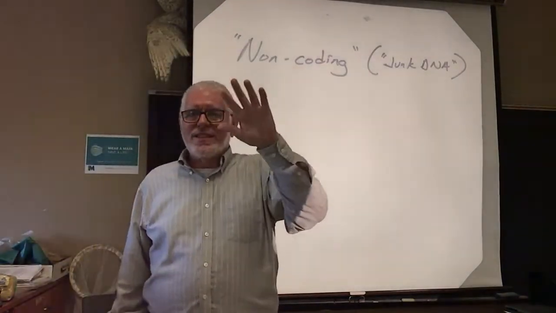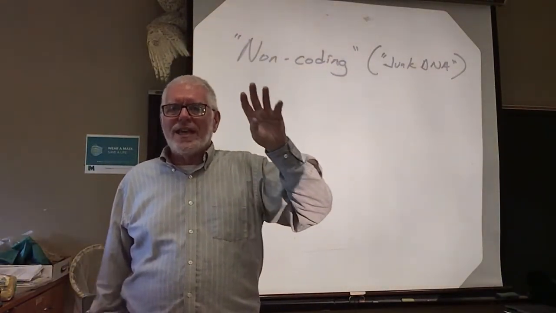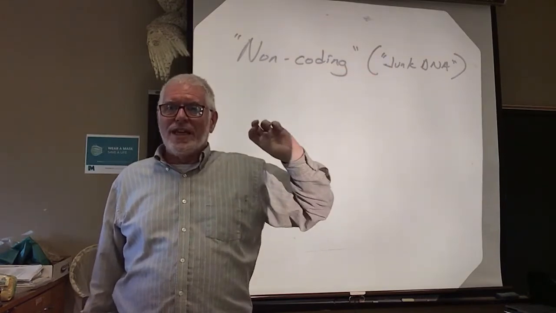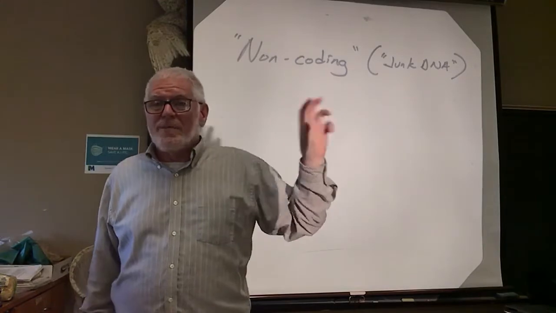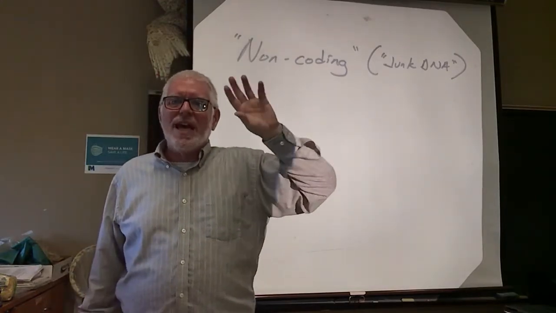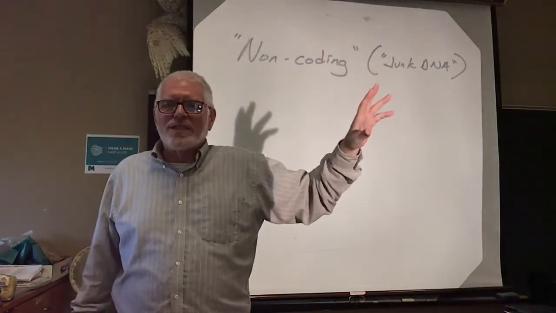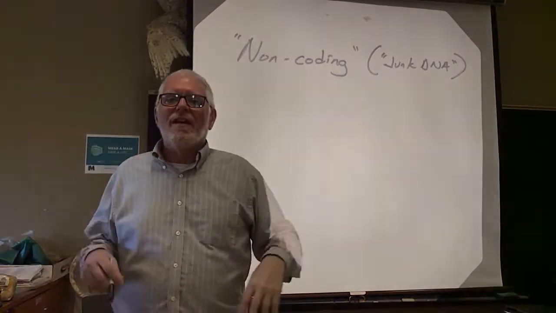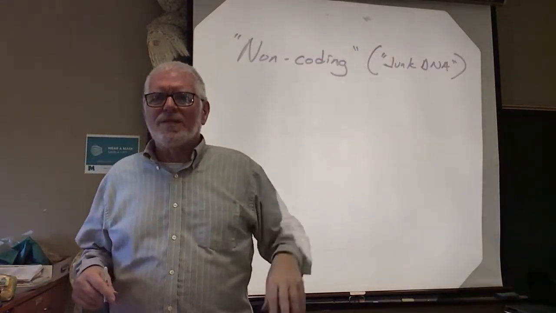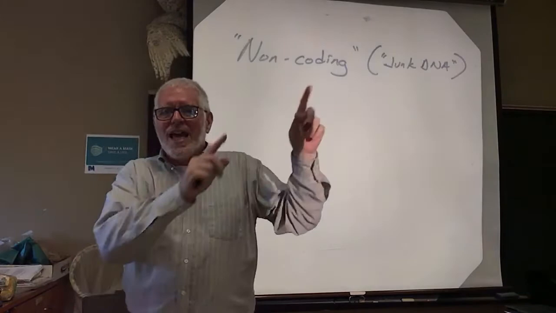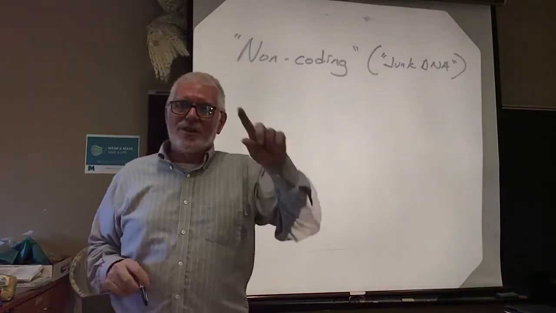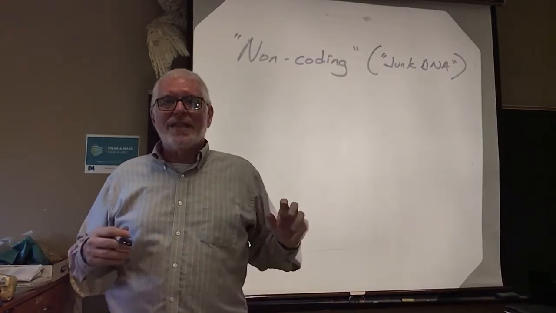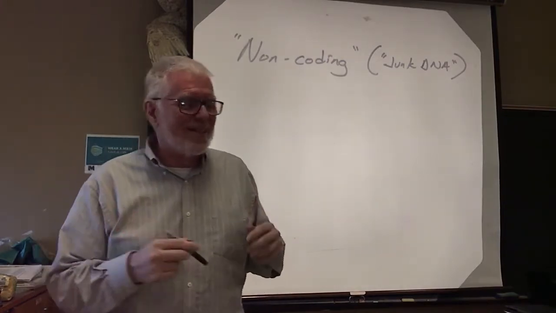And of course, what we've found out since then is that yes, we've got a lot of DNA code that isn't actually a code for our proteins, but it doesn't mean it's not doing anything. It doesn't mean that there's no explanation for it except that it's junk. And I'm going to give you a list of some of the stuff that non-coding DNA does. And I put the non-coding in quotes because even this is a bad term, because it turns out some of the non-coding stuff is codes.